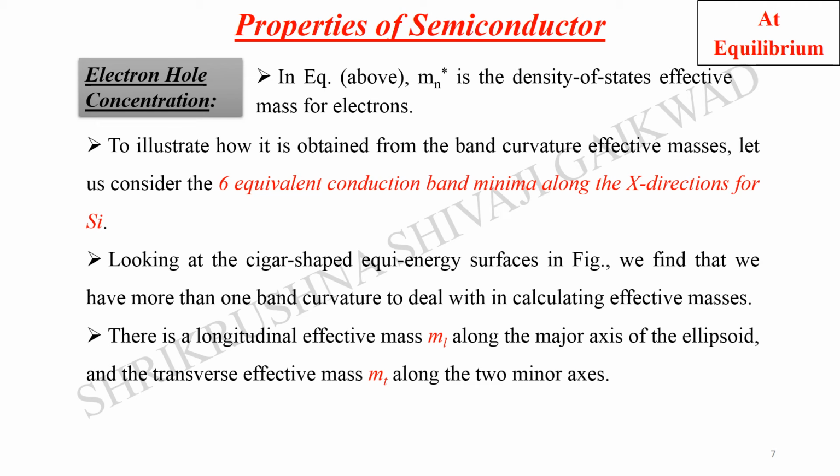Here, the effective mass for the density of states m_d is equal to (m1 star m2 star m3 star) raised to 1/3, and here we have reported that m_d star is equal to (m_l m_t squared) raised to 1/3, along the two minor axes.